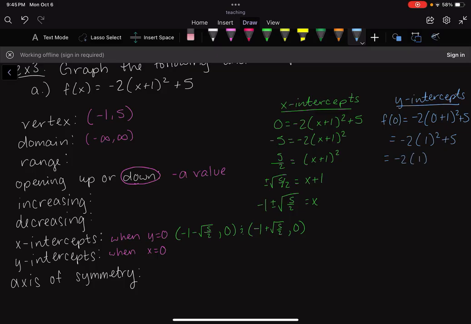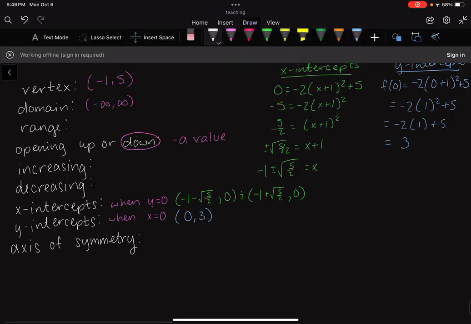Negative 2 times 1 plus 5. So that's going to be 3. So this point is 0, comma 3. And so let's go ahead and graph what we have.